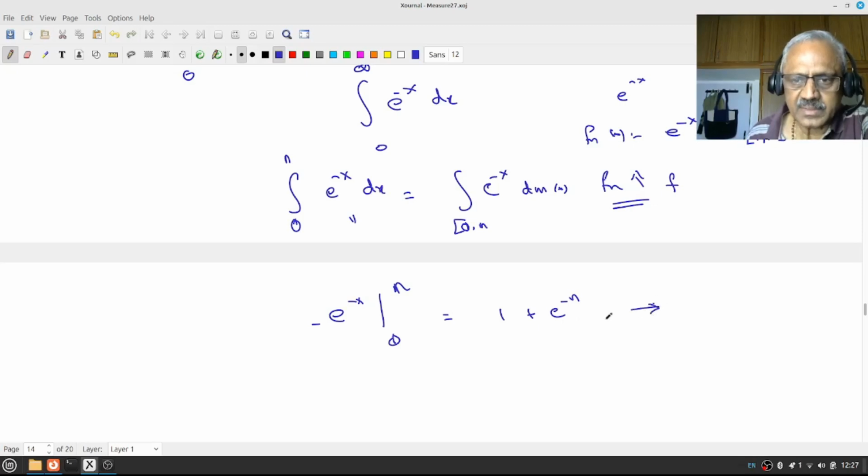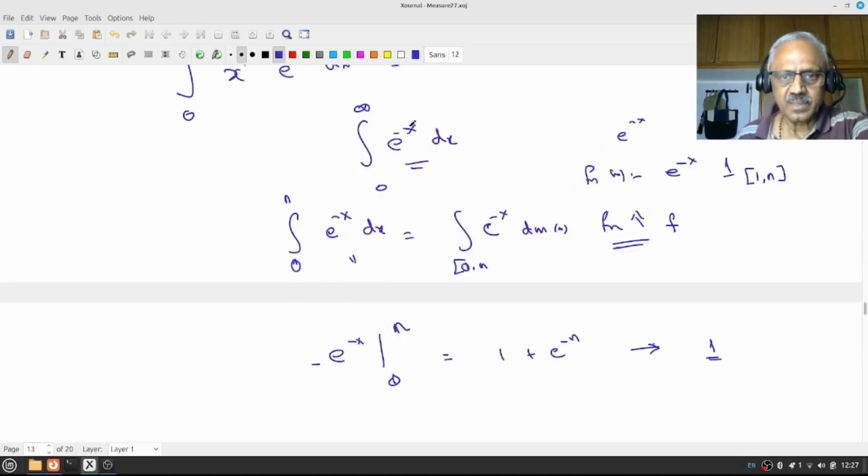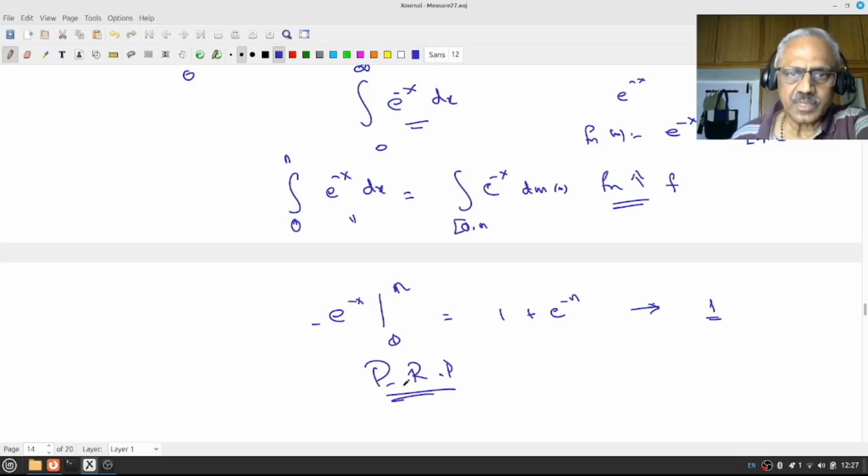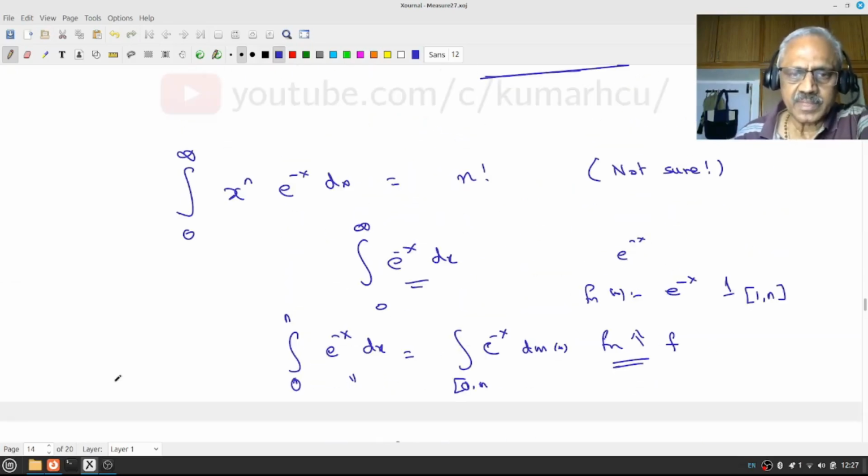As n goes to infinity, it goes to 1. Therefore this e^(-x) is integrable. Please go through this. So, when you want to do the Lebesgue integral, what have I proved? e^(-x) is first continuous, therefore measurable. Then I want to compute this integral.